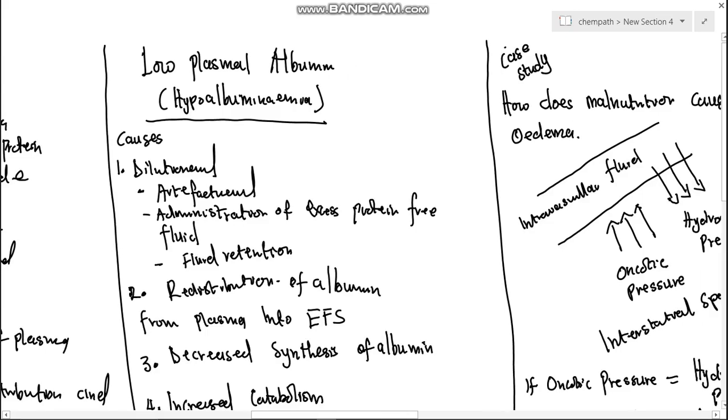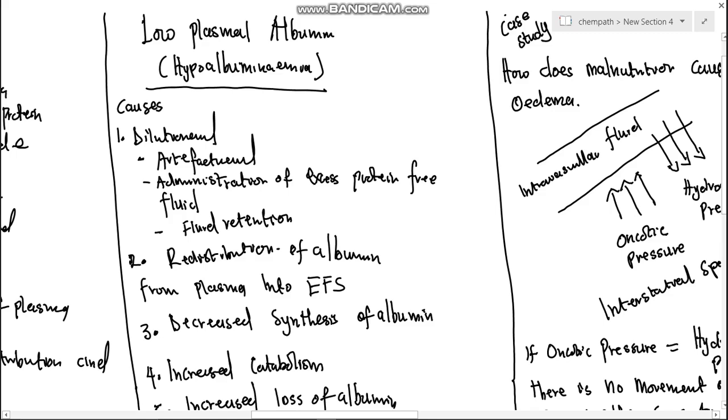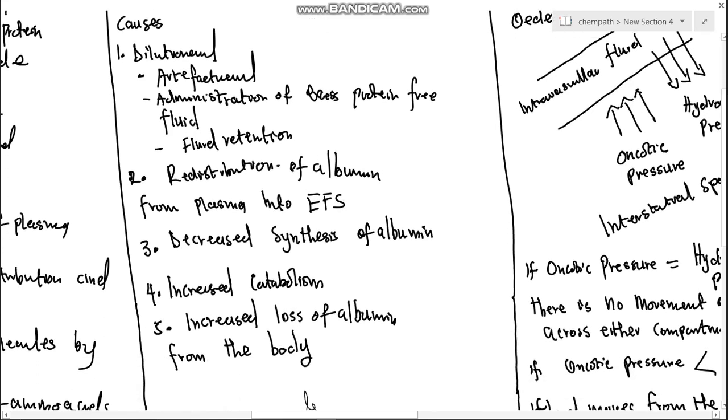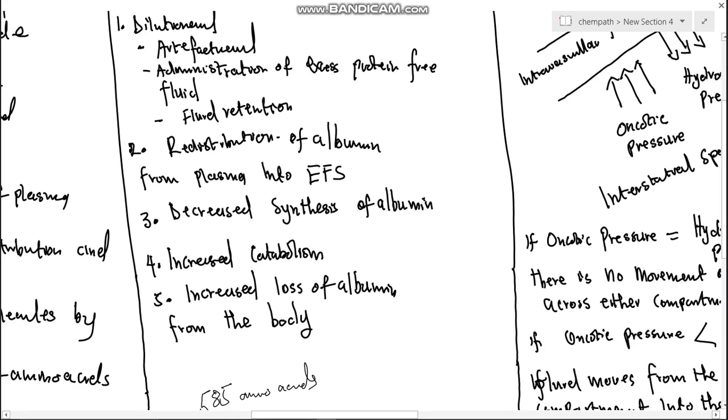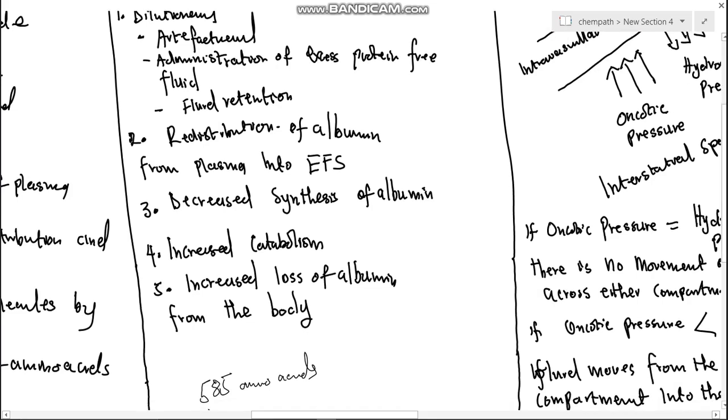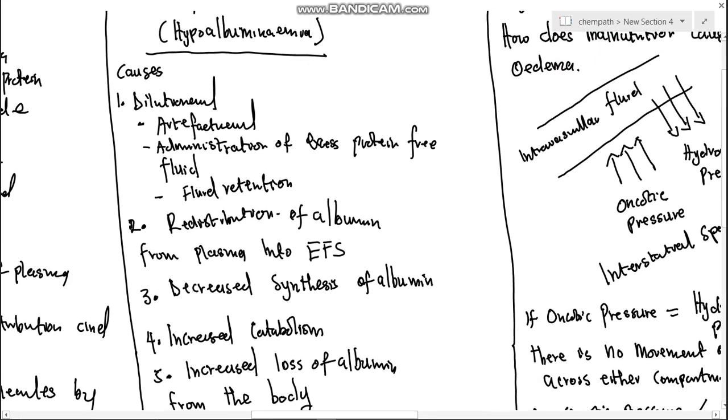When there is low albumin in the body, there could be consequences that the body can face, and low albumin is caused by certain factors such as dilutional factors, redistribution of albumin from the plasma into the extracellular fluid space, decreased synthesis of albumin, increased catabolism, and increased loss of albumin from the body. So when we talk about dilutional, we can talk about artifactual factors.